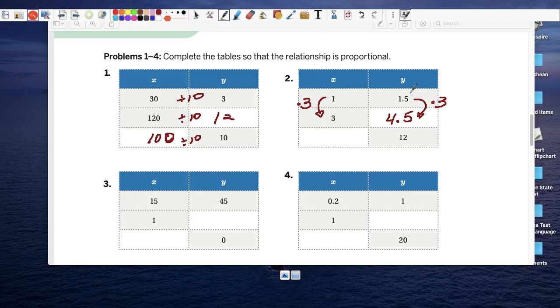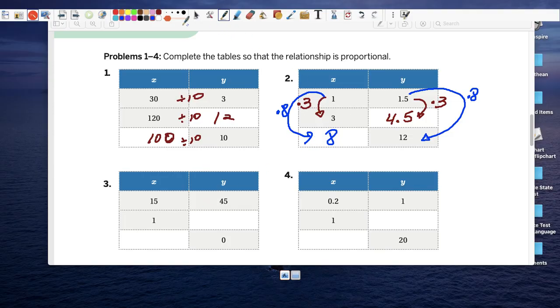Now I have to go from here to here. 1.5 times what is 12? That would be 8. So 1.5 times 8 is 12. Here to here, we multiply by the same scale factor, and 1 times 8 is 8.